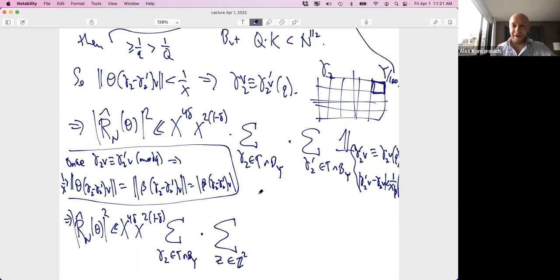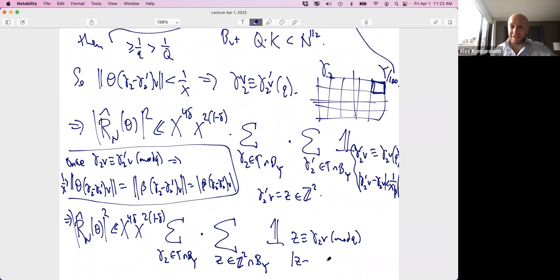So I'm going to write gamma 2 prime v as z in Z2. I have the indicator function of z being in a ball. I have that z is congruent to something, gamma 2v mod q. And I have that z, the distance from z to this vector gamma 2v, is at most 1 over x times beta. Beta is of size k over n.